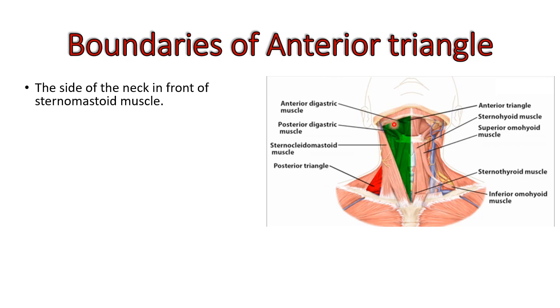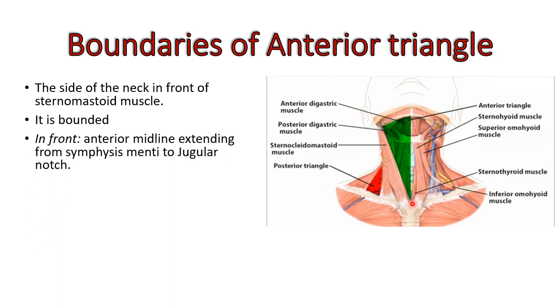We have two anterior triangles on either side of the neck, divided by the anterior midline of the neck. The anterior midline extends from the symphysis menti to the jugular notch, or the upper part of the manubrium sterni. So that is the anterior midline.